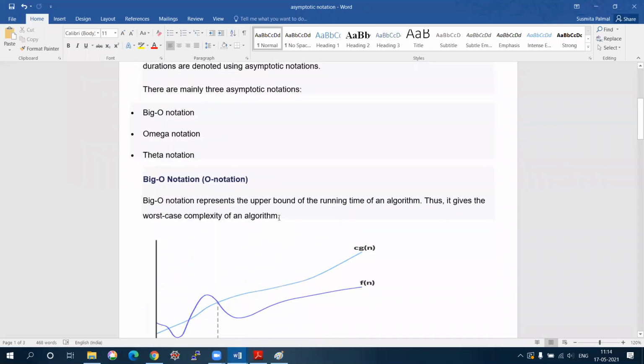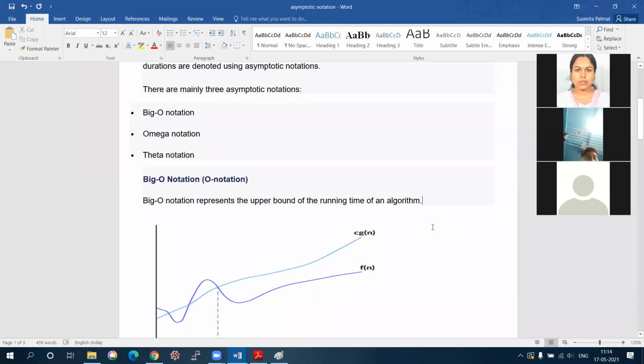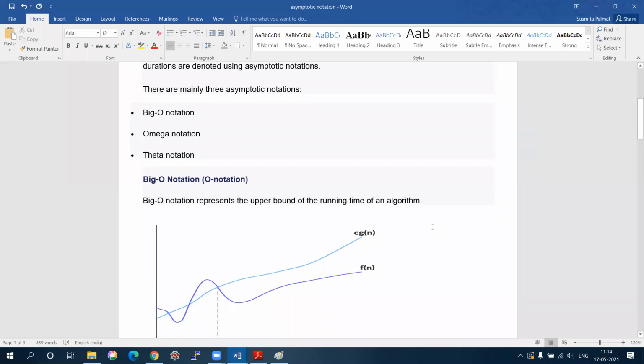Basically you should not mix up best case and worst case with this notation. It is just a representation using the upper bound of any function.